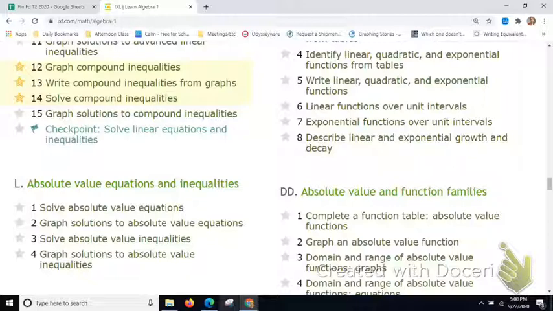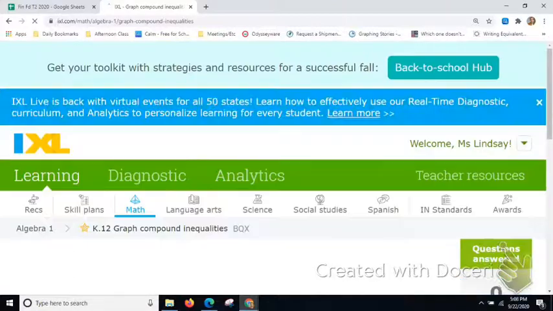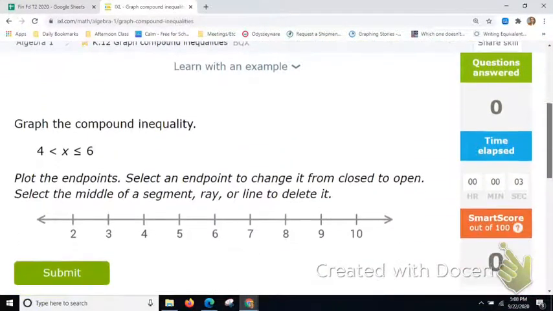It's just more solving and then graphing, but you're going to have graphing practice in K-12. So if you get finished and you want to do that one also, you're welcome to. You will probably be pleasantly surprised to see that there are no word problems here. It's just a little extra something for you.